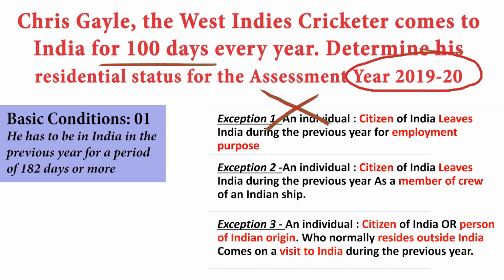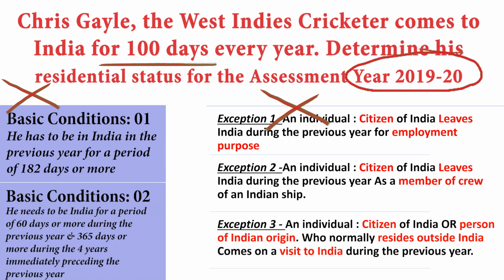So this is a big no, because Chris is coming only for 100 days, and for fulfilling the first basic condition he needs to be in India for at least 182 days. But as Chris is not covered under any of the exceptions, we even have the second basic condition to find out whether Chris is resident or not.